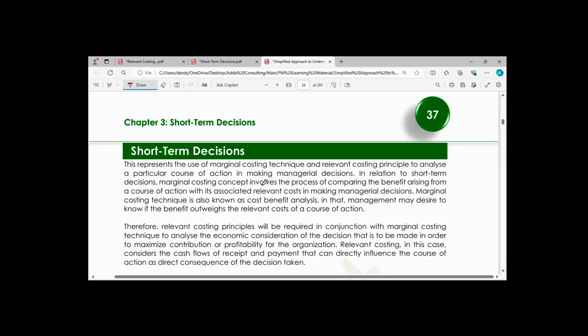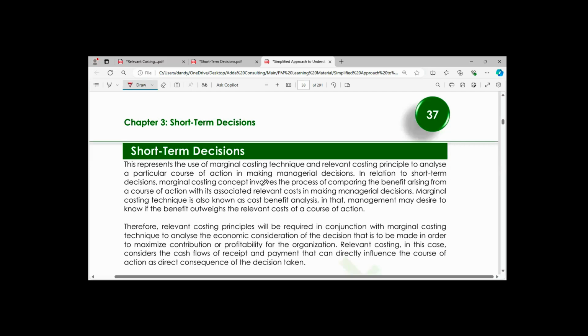Therefore, relevant costing principle will be required in conjunction with the marginal costing technique to analyze the economic consideration of the decision that is to be taken.